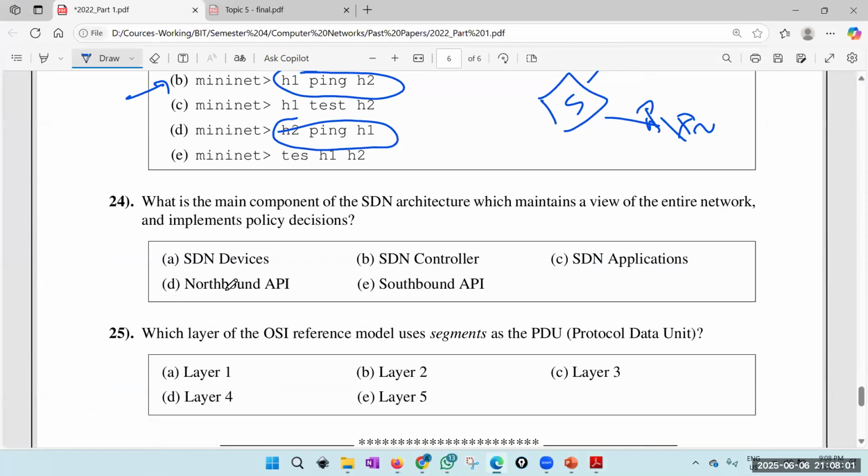Question 24. What is the main component in DNS architecture which maintains a view of the entire network? Sorry, not DNS, software defined networks. It maintains a view of the entire network and implements the policy decisions. That must be a very high level thing.